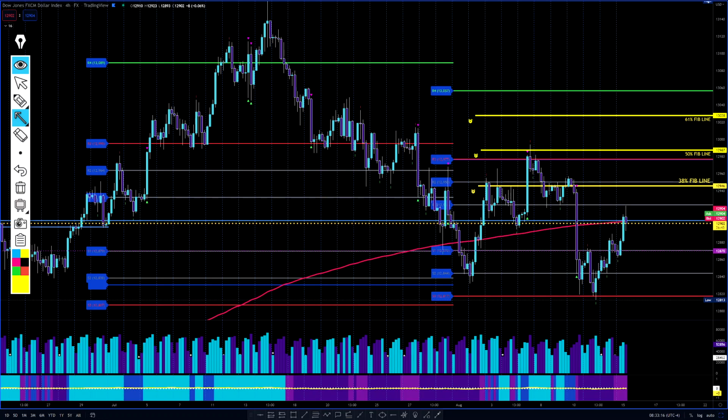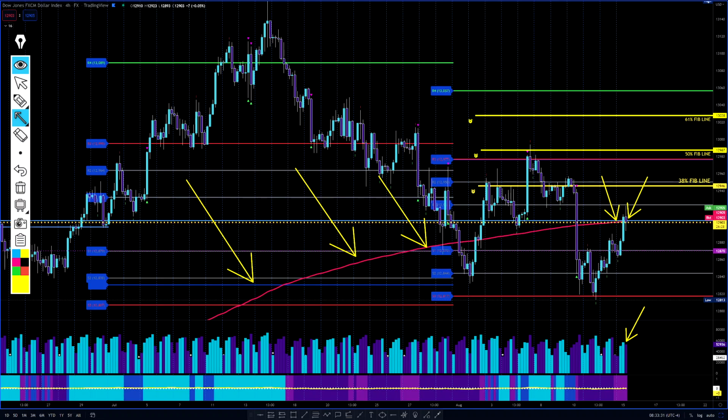So another thing to look at is that this is the annual upper VWAP line right here, the red line, and we just broke above that, right? We have good volume and we're breaking above that, but we're getting this kind of doji candle right now. This is the 4-hour chart, by the way.